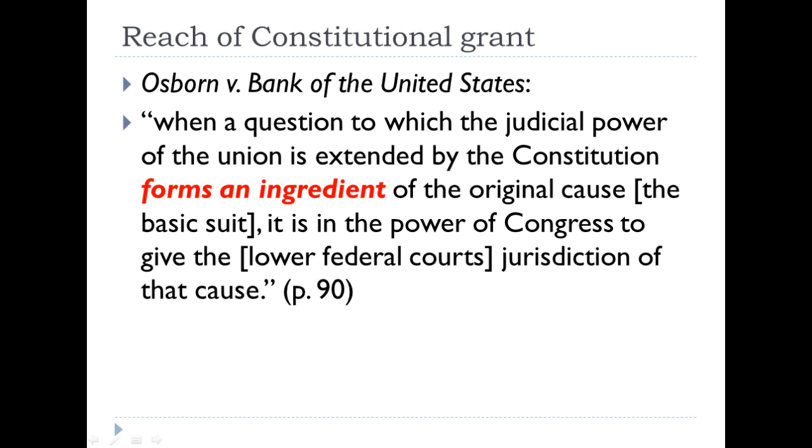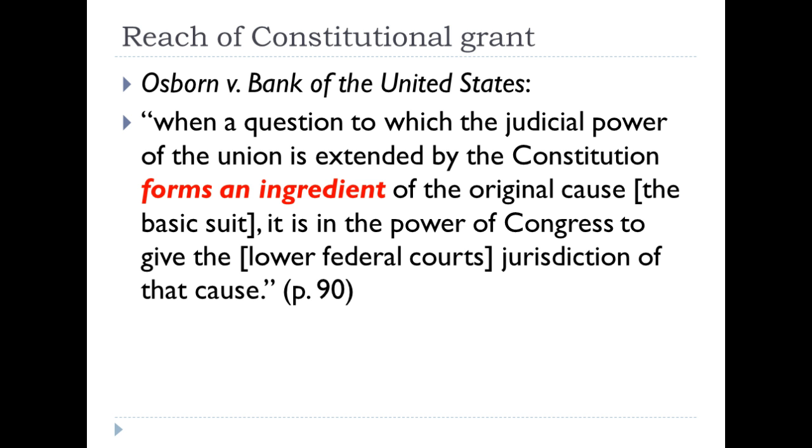First, let's look at what is interpreted to be the reach of the constitutional grant of federal question jurisdiction to the lower federal courts. That is still held to be delineated by an old case decided by the United States Supreme Court called Osborn versus Bank of the United States, cited on page 90 of your casebook.